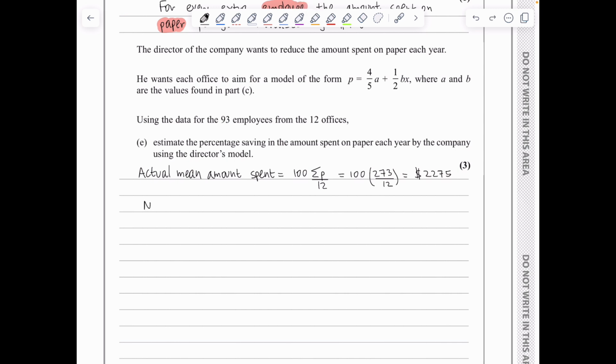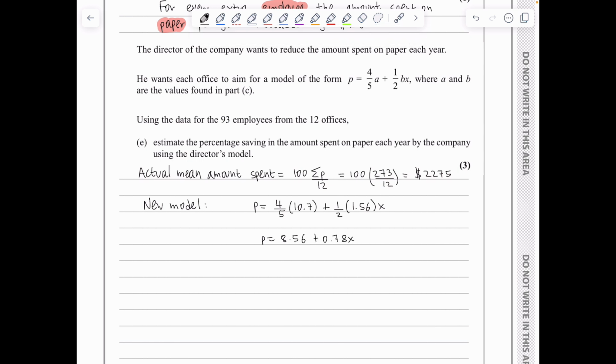And under this new model, I will start by determining the equation of the regression line as proposed by the director. So this is P equal to 4 over 5 times 10.7 plus a half times 1.56x. So we get P is 8.56 plus 0.78x.